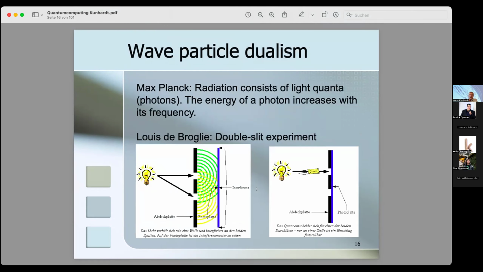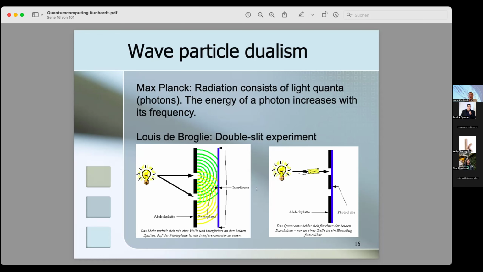So the wave-particle dualism: Max Planck found out that radiation or light consists of light quanta called photons, and the energy of this photon increases with its frequency. There are some other scientists who made experiments in this field.